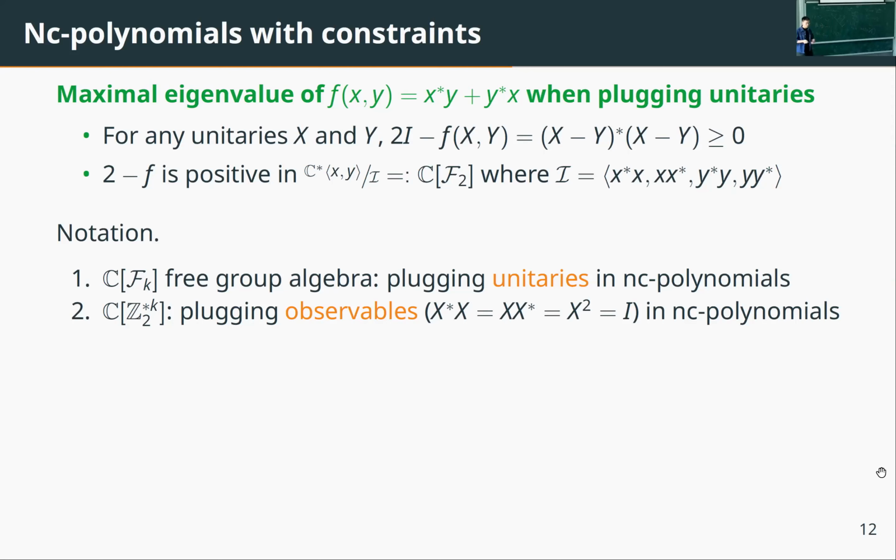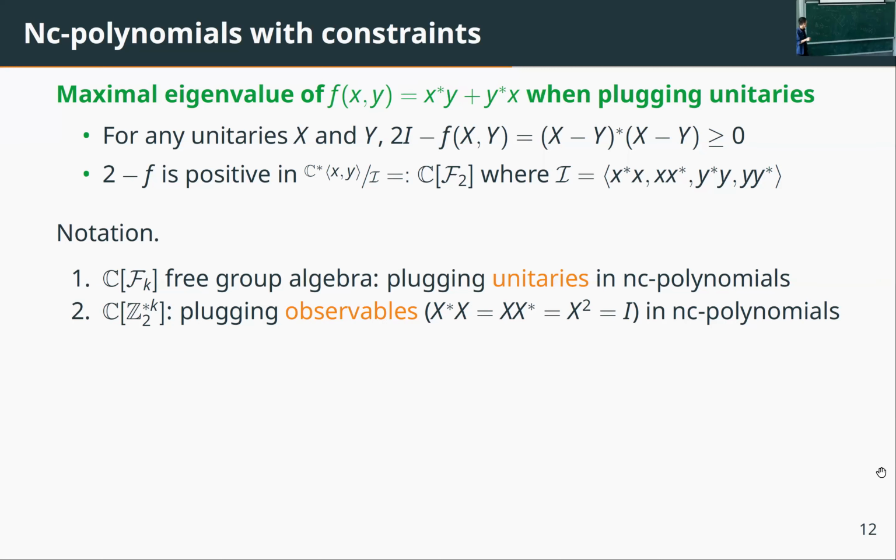In quantum information, we also have this observable algebra, which models the measurement operators, the binary measurements with two outcomes. This is the algebra generated by the k-fold free product. This star is not a star involution; it's the free product of k copies of Z2, where Z2 is just Z mod 2Z.